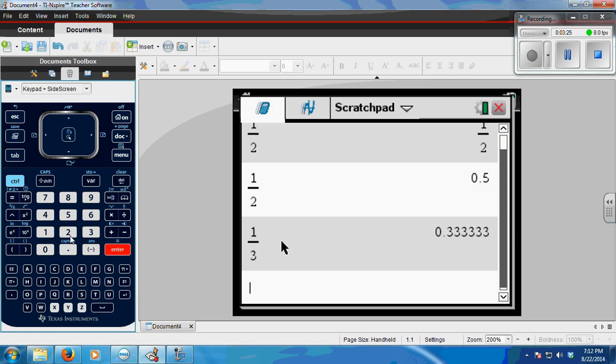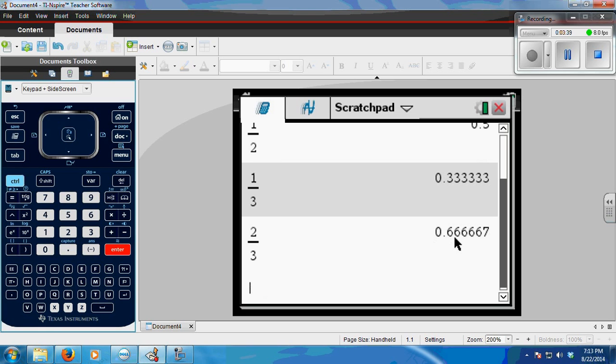Now, let's do 2/3, 2 over 3. So we're going to do 2 divided by 3. The calculator is going to do all this calculation for us. I'm going to hit control enter. And voila, here it is. It converts 2/3 into the decimal notation of 0.66666 and now 7.